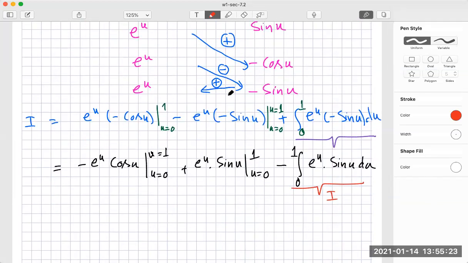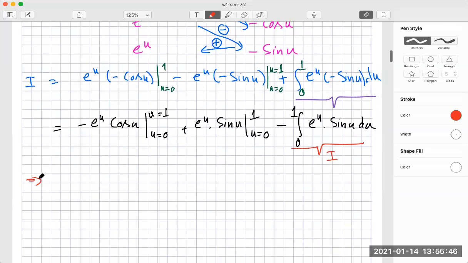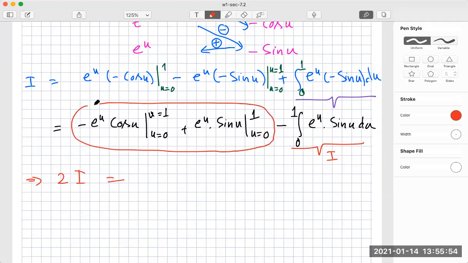So I is on the left-hand side and it is also on the right-hand side. What should we do to find I? We add I to both sides. Then it will disappear on the right-hand side, and on the left-hand side will be, yes, 2I. We know that 2I will be the whole thing here.